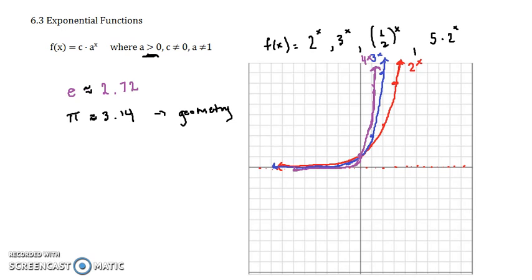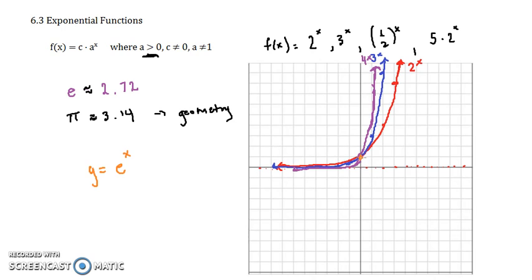So if I want to graph y equals e to the x, how would I graph that? Well, it's between 2 and 3. It's a little bit closer to 3 than it is 2. So basically the graph's going to look a lot like 3 to the x. Rather than punching in numbers for this, which we would need a calculator for, we can just say e to the x is very similar to 3 to the x.